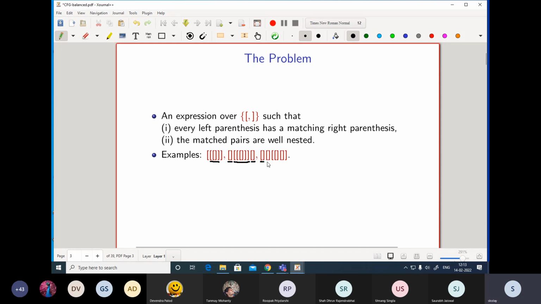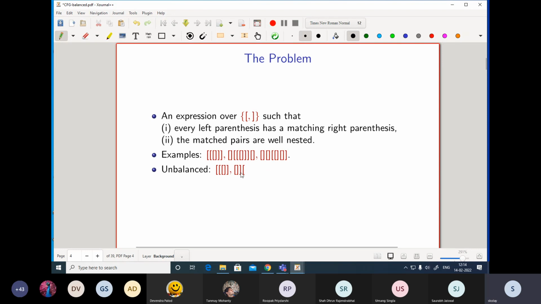Similarly, over here, you have two pairs that match each other, and then a slightly more complicated substring with well nesting. Together, they again form another well nested expression of balanced parentheses.